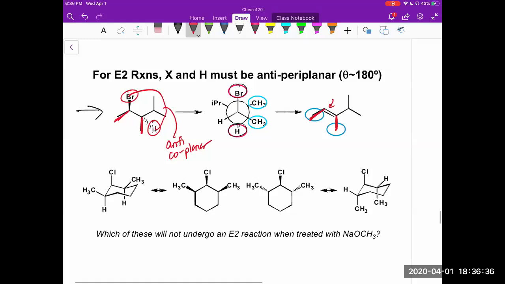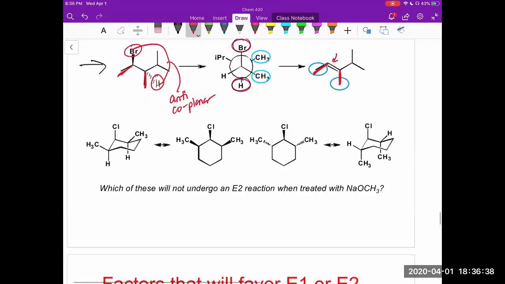Now, let's take a look at what would happen if this was different. What if it looked like this? What if I had my bromine forward and I had my CH3 back? Like that. What if it was like that and then the H was forward?